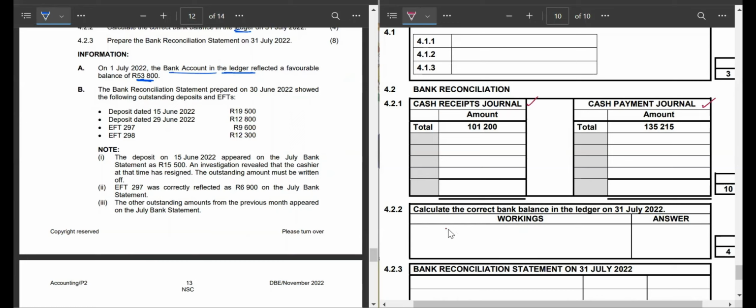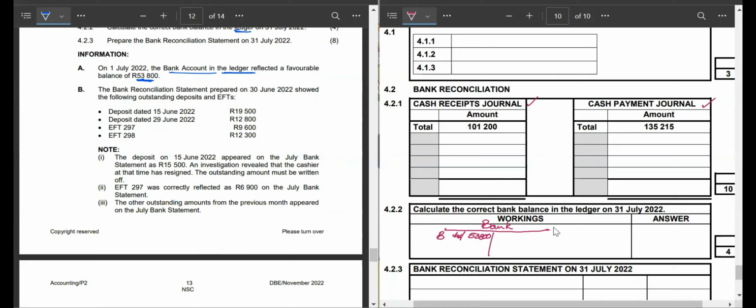So I will do what you have done from grade 10, that is to open a bank account. You understand that if it is favorable, therefore it is a debit balance. So my balance brought down here is going to be your 53,800.